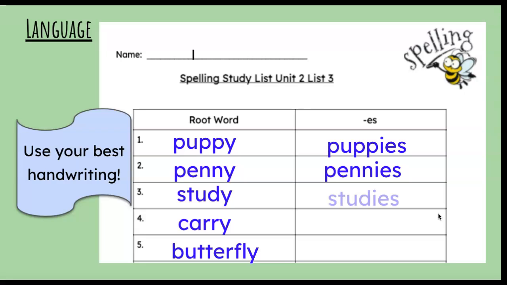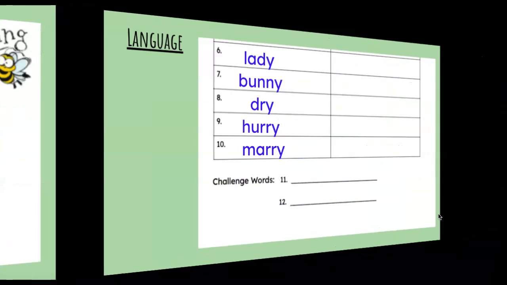Study becomes studies. Carry becomes carries. Butterfly becomes butterflies. Make sure you're using your best handwriting, even though you are using your stylus. We are not typing the words in, we are writing them by hand.